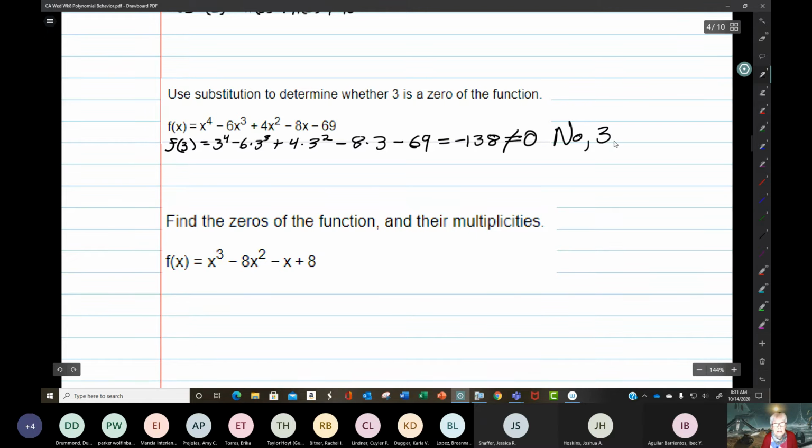It's a very nice number, but it's not a 0 of f of x. 3 is not a 0 of f of x. Okay.